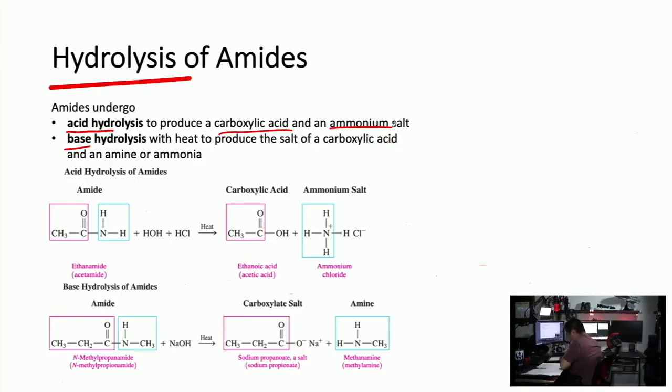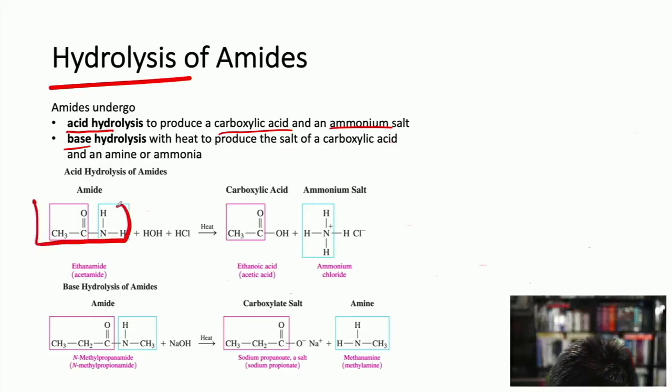Okay. So, here we have the amide here. Acetamide or ethanamide. And we have the acetate part or the ethanoic part. We'll combine it with some water and some acid and some heat. And our acetate regains its OH to become the acetic acid or the ethanoic acid.